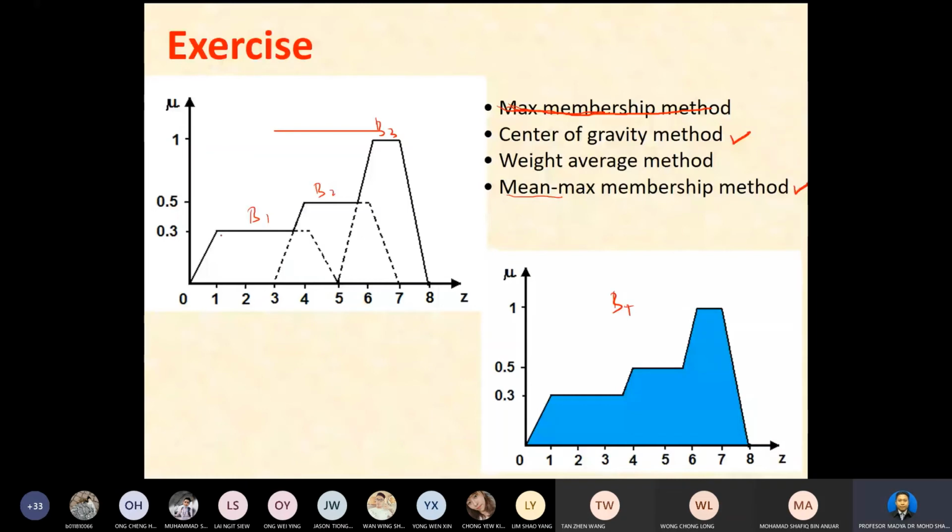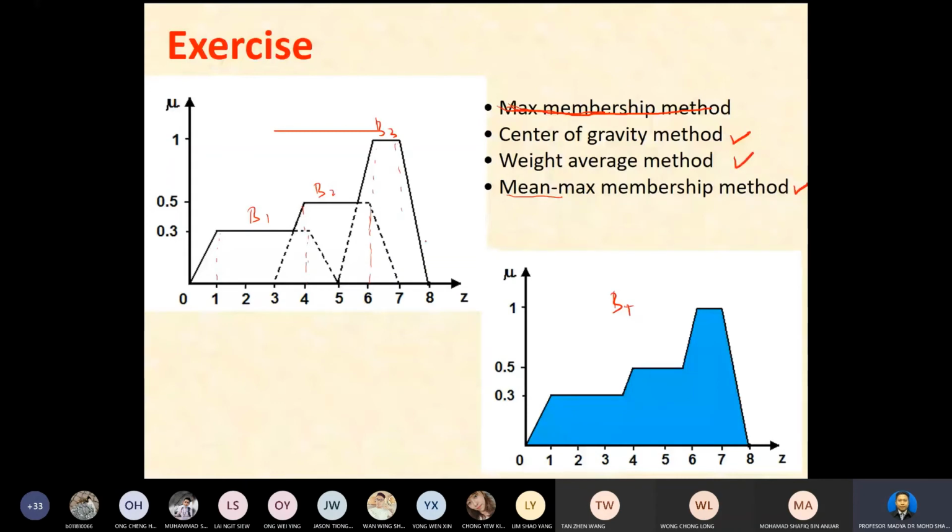For example, we assume this is symmetrical, the same on both sides. So that's why we can use the weighted average.